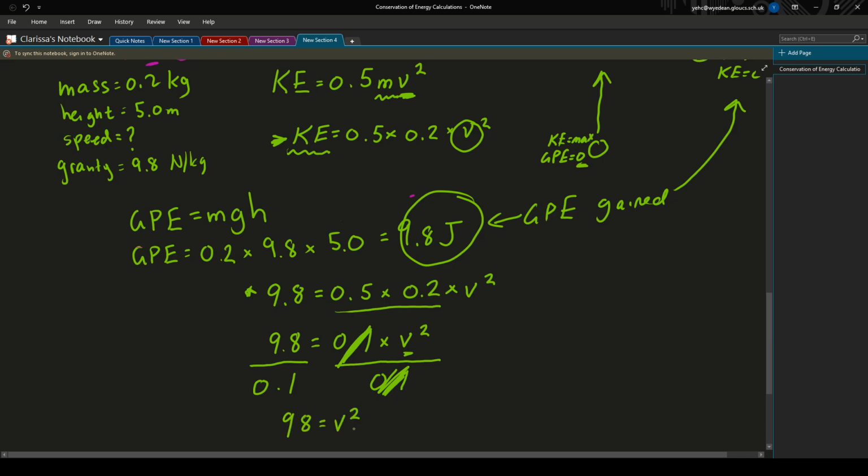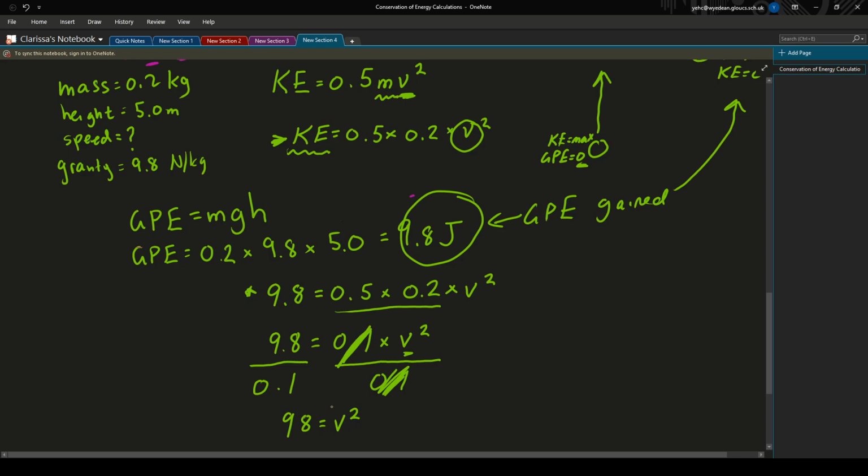But remember, we're not done, because I want what the v was. I want what the speed was. I don't care about speed squared. I want speed only. I don't care about v squared, I want v only. So once again I have to do the opposite, and the opposite of squared is a square root.